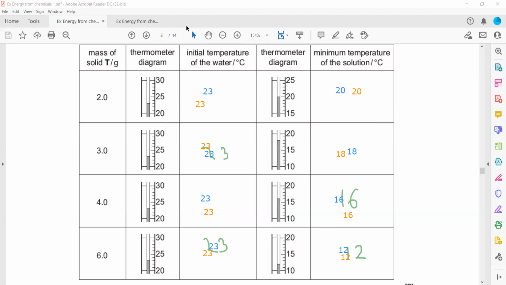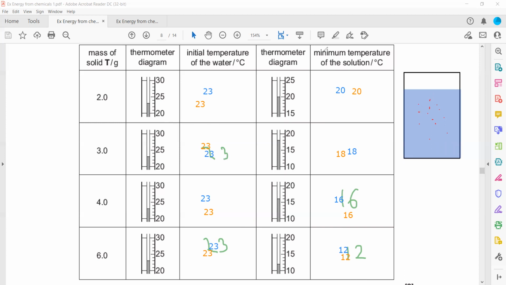So basically what happened, as you can see here, the temperature is decreasing. It means the reaction is endothermic. How is the reaction endothermic? Because water is not the reactant here. The particles present inside the water, the red color is representing the reactant particles.